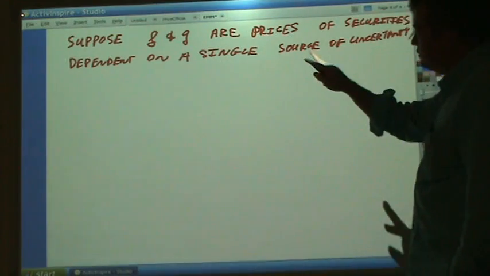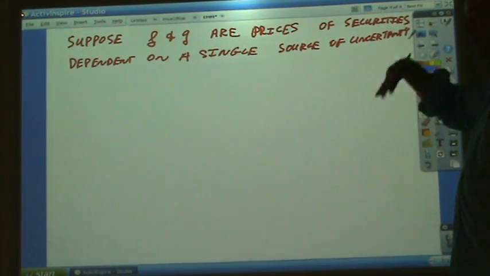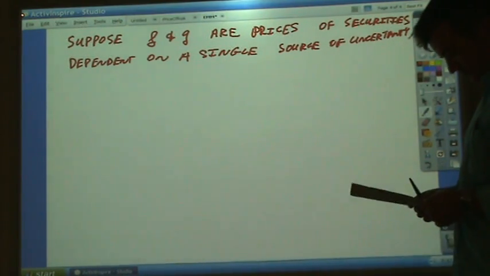So you could think of F and G as two derivatives. They're deriving their value from some other, say, Wiener process.